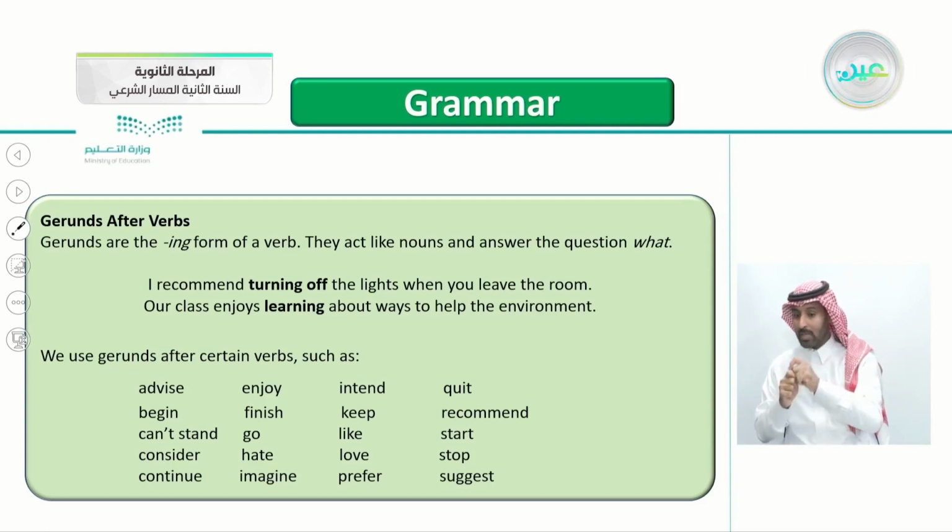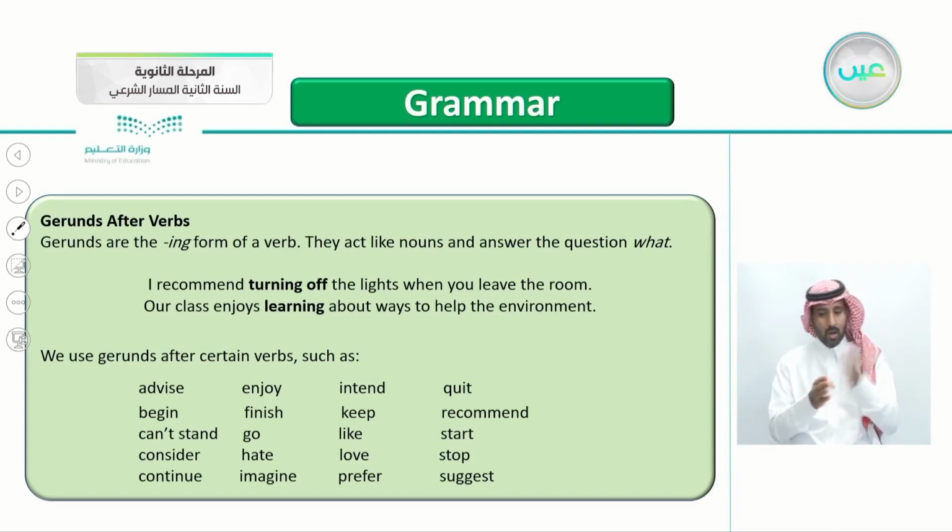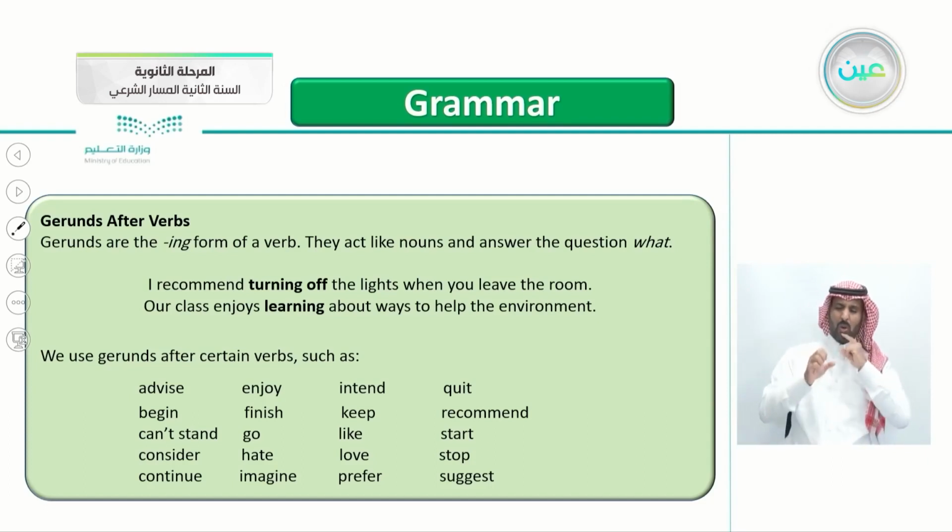So all of these verbs come before the gerund. You can say I enjoy playing, I intend going, I quit smoking, and so on.